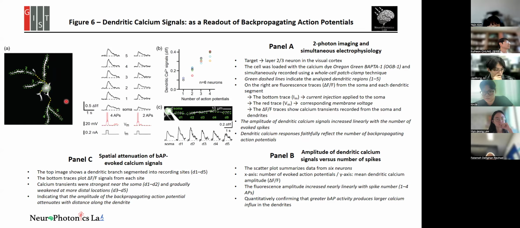Okay, but it just increases like the number of spikes, so going back and forth, it seems like, right? So more firing, more backpropagation, more firing, more backpropagation. Is it right? Okay. Yes.